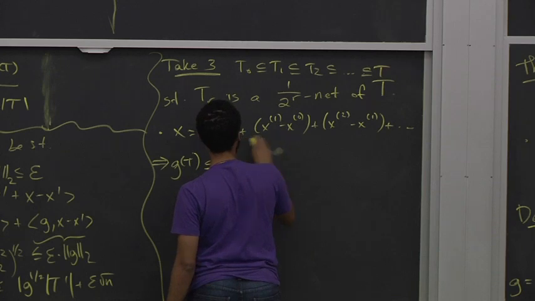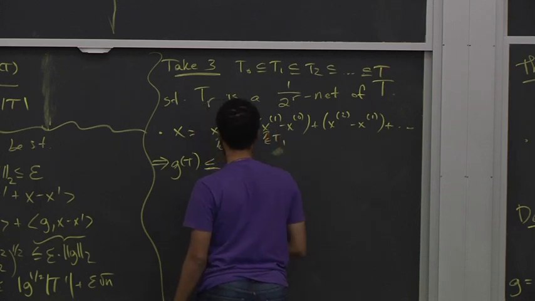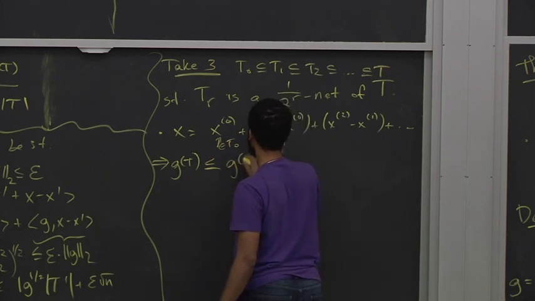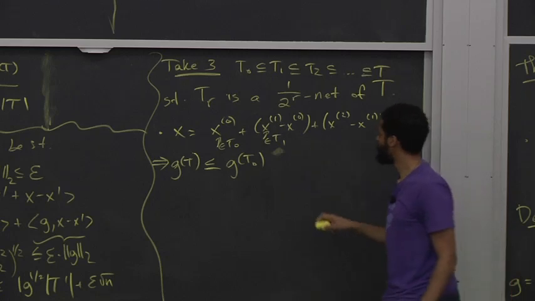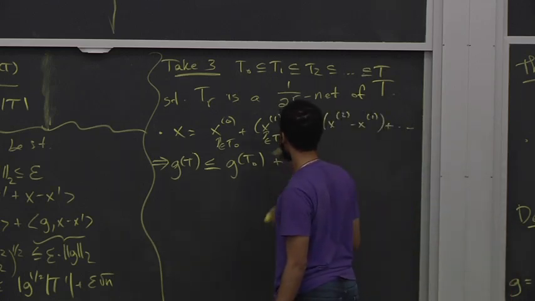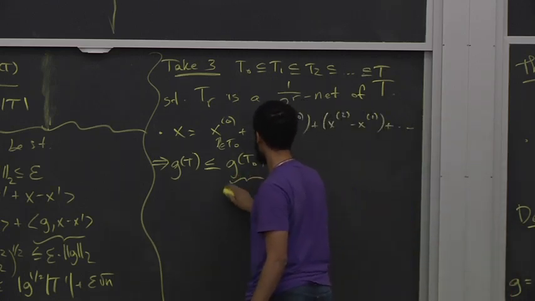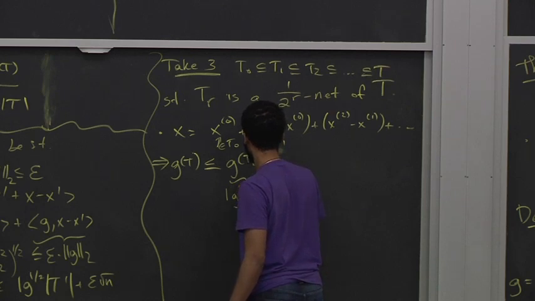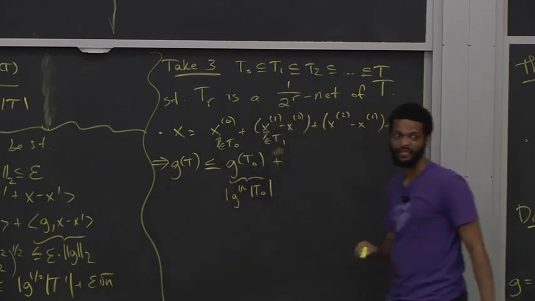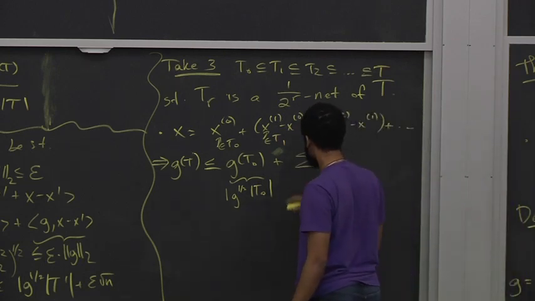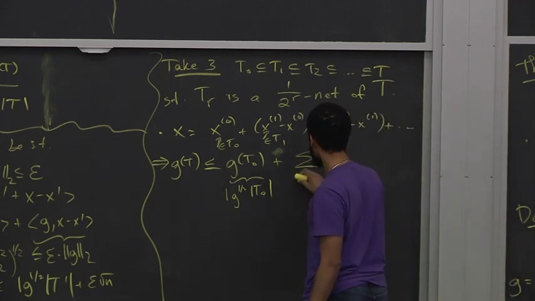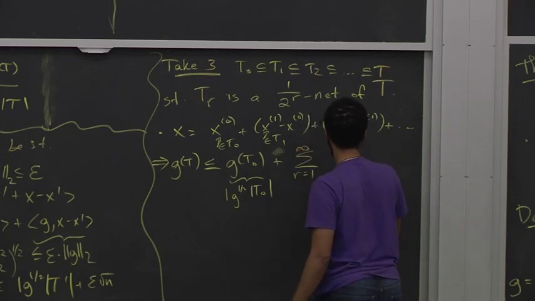This guy is in T0, this guy's in T1, etc. This is at most g of T0, which is at most root log the size of T0, plus the sum r goes from 1 to infinity of root log.